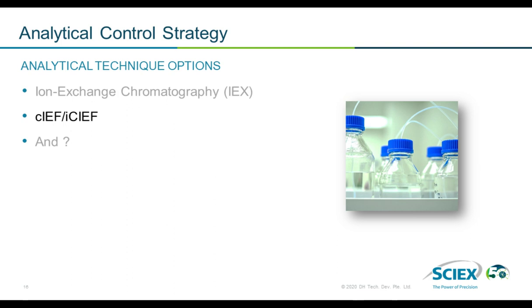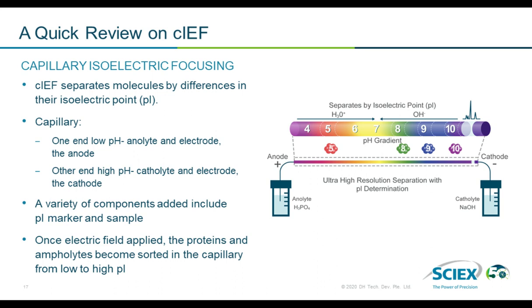So the second analytical technique option we'll cover on our search for a widely applicable charge variant method is cIEF. In cIEF, the analyte we're analyzing is going to be separated by differences in its isoelectric point.